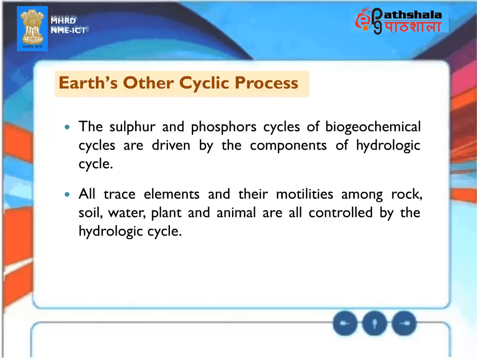The sulfur and phosphorus cycles of biogeochemical cycles are driven by the components of hydrologic cycle. All trace elements and their motilities among rock, soil, water, plant, and animal are all controlled by the hydrologic cycle.